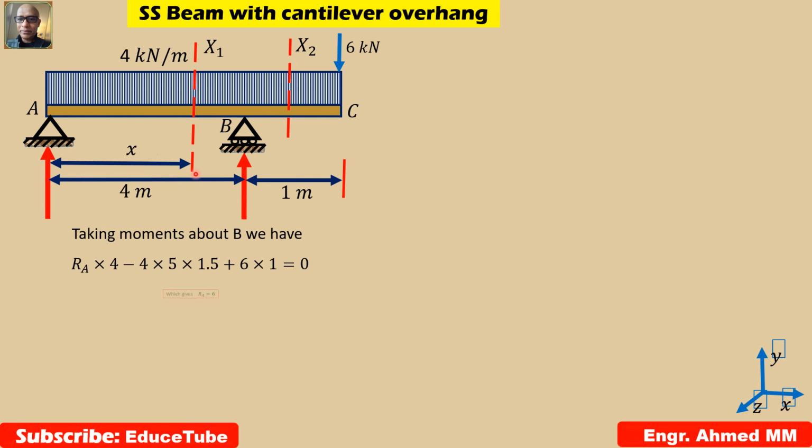So, this is the situation. RA into 4, 4 into 5 into 1.5, because this 4 into 5 force acts somewhere here, 1.5 back of this support, and this 6 into 1. So automatically we get RA equal to 6 kilonewton.